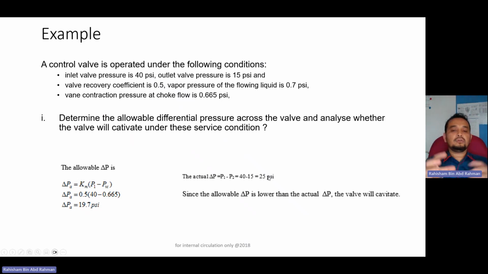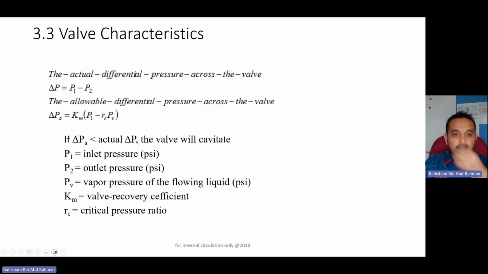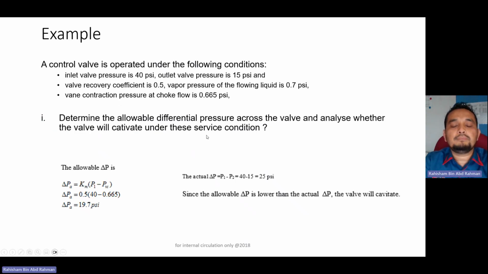As we know, if the allowable pressure is lower than the actual, the valve will cavitate. It means that we put an actual pressure much greater than the allowable strength, so of course we will destroy the valve. That is the idea.